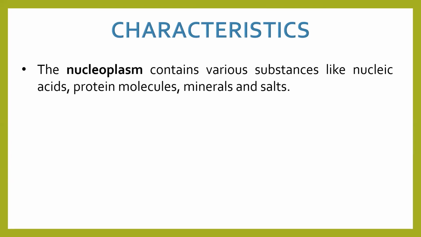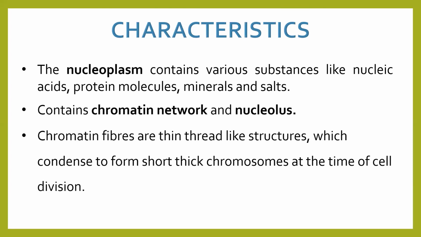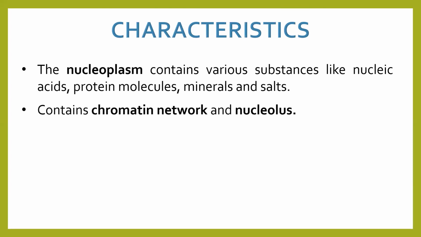So remember, nucleoplasm will have nucleic acid, various type of proteins, minerals, and salt. It will also contain chromatin network and nucleolus. Now, what is chromatin network? Remember, chromatin network is also called as chromatin fiber or chromatin material.